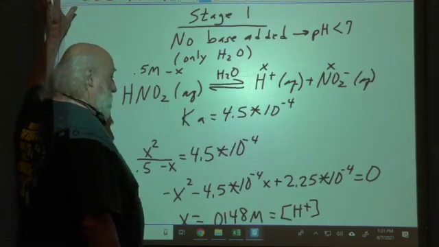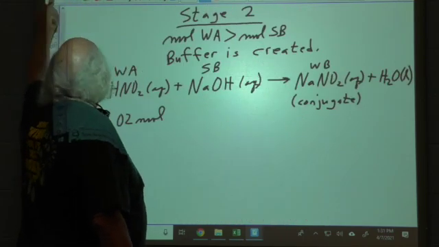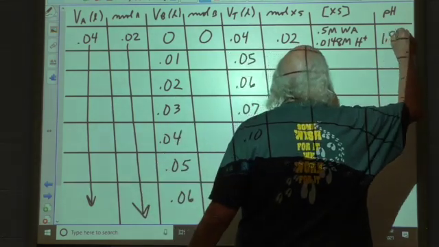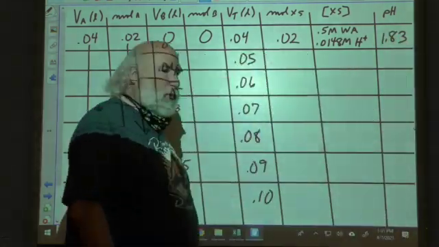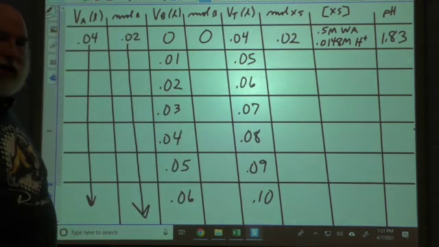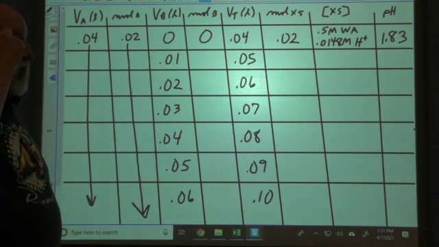And when we took the negative log of that, we said that it is going to be 1.83, right here. Now you notice there would not be a double answer for pH, because the pH is based upon either the hydrogen or the hydroxide concentration that we end up with from the bottom of the concentration of the excess.